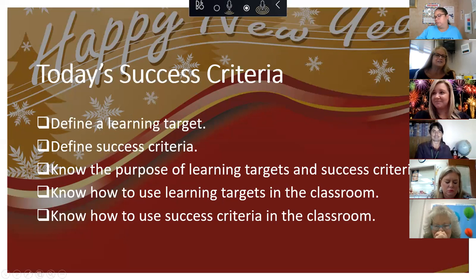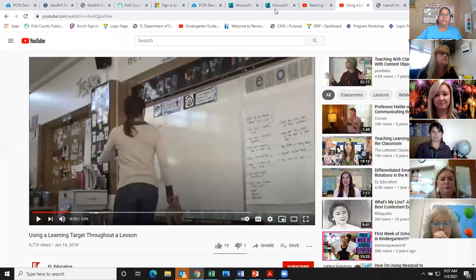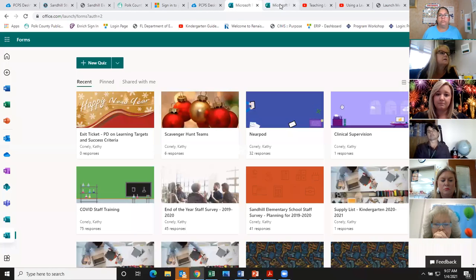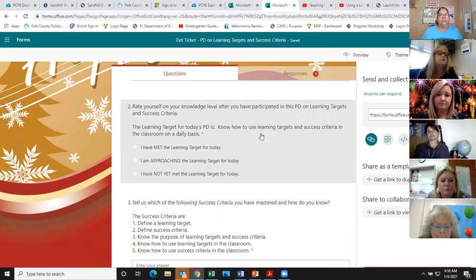The second question is going to ask you to rate yourself. This is your self-assessment, whether you've met the learning target for today. And the learning target, remember, is to know how to use learning targets and success criteria in the classroom.